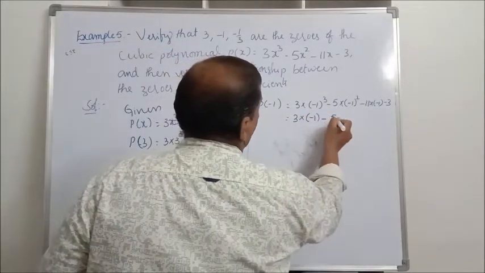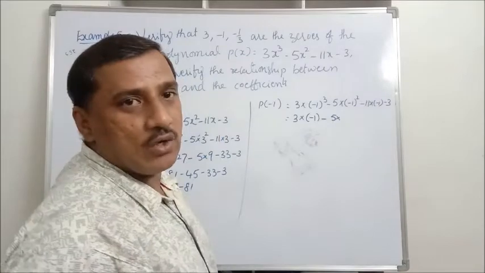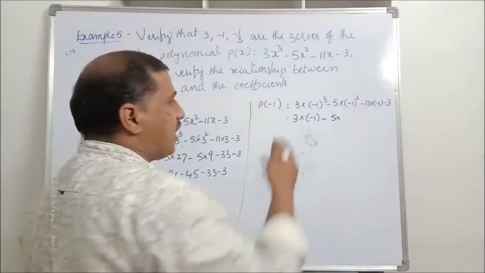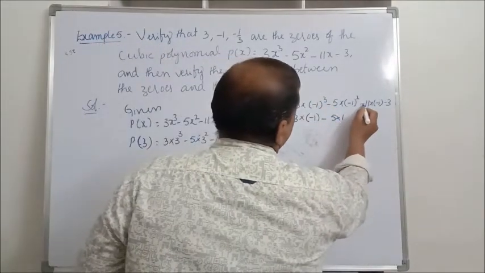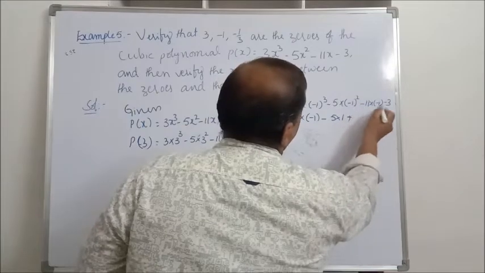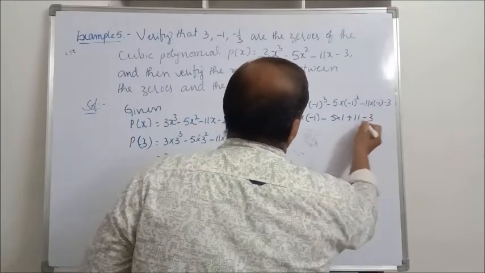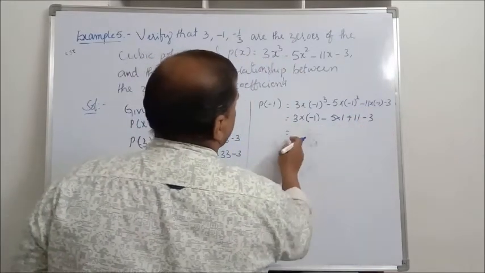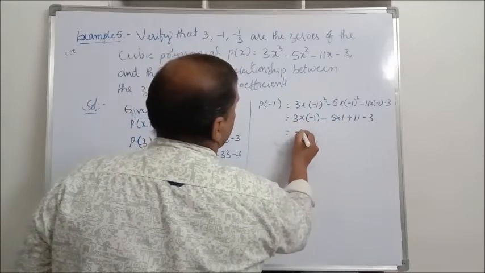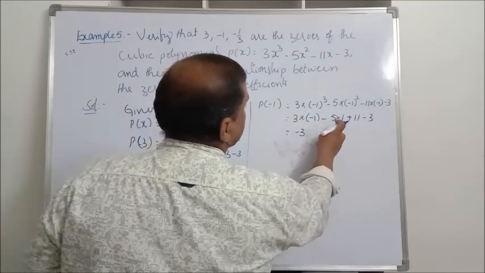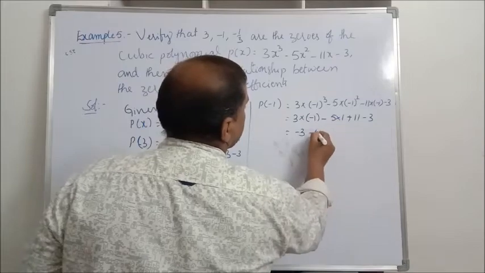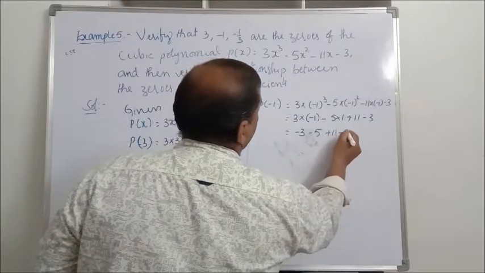Minus 5 into minus 1 whole square: minus 1 into minus 1, minus and minus is plus, 1 into 1 is 1. Next minus into minus it is plus, 11 into 1 it is 11, minus 3. Now plus into minus, minus 3 into 1 it is 3. So minus 3, minus into plus it is minus, 5 into 1 it is 5, plus 11 minus 3.